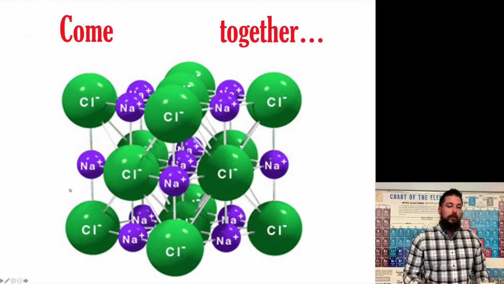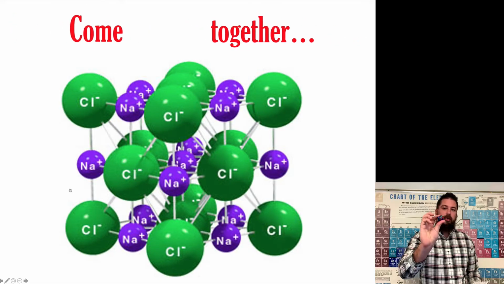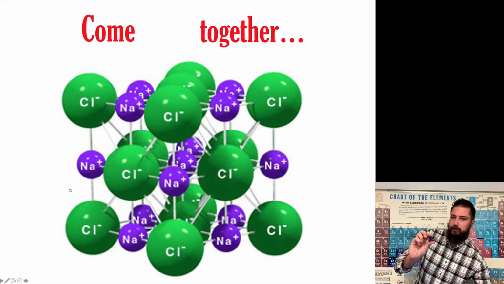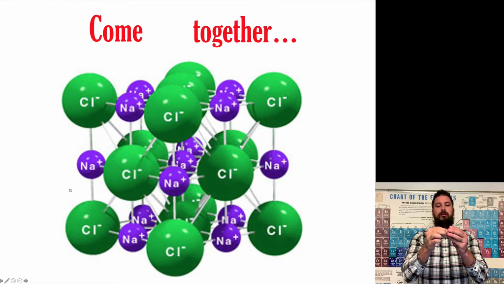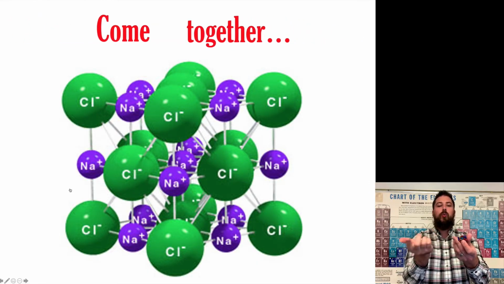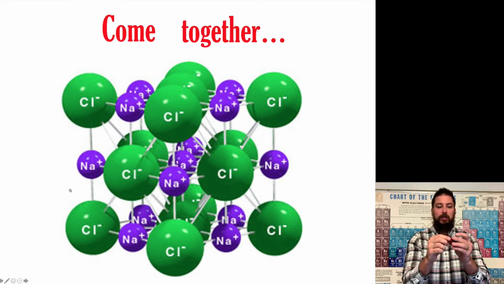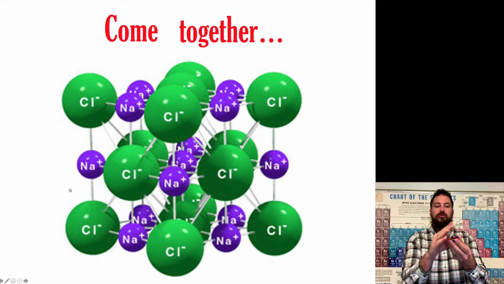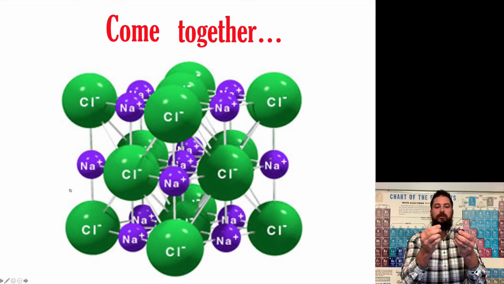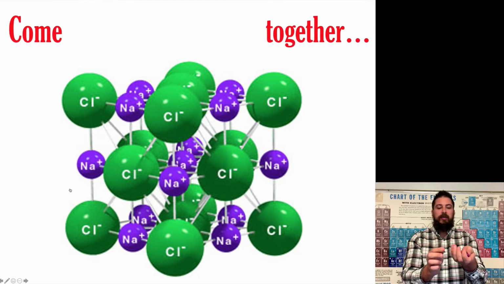It's not attracted to just one chloride, it's attracted to all of them. The chlorides are also surrounded by sodium ions. This is a great representation of how formula units work, because these aren't really bonded to any one partner. They're attracted to each other, so you can take them apart and put them back together, and they're attracted again not just to one atom.